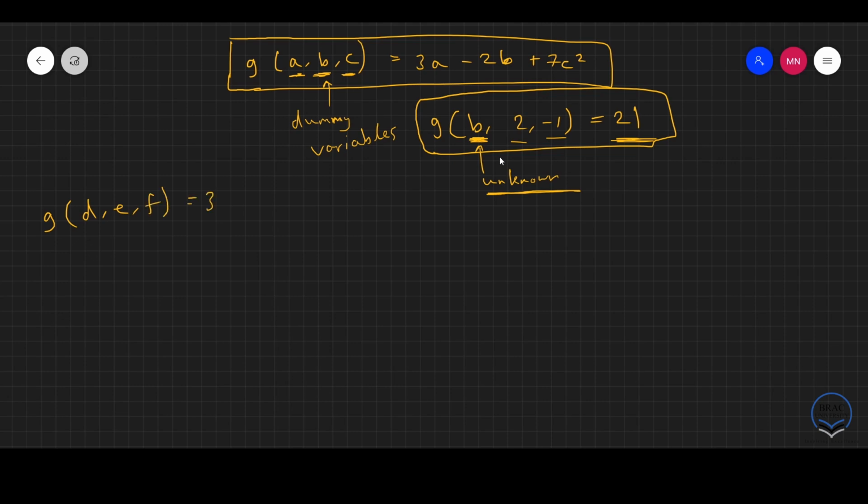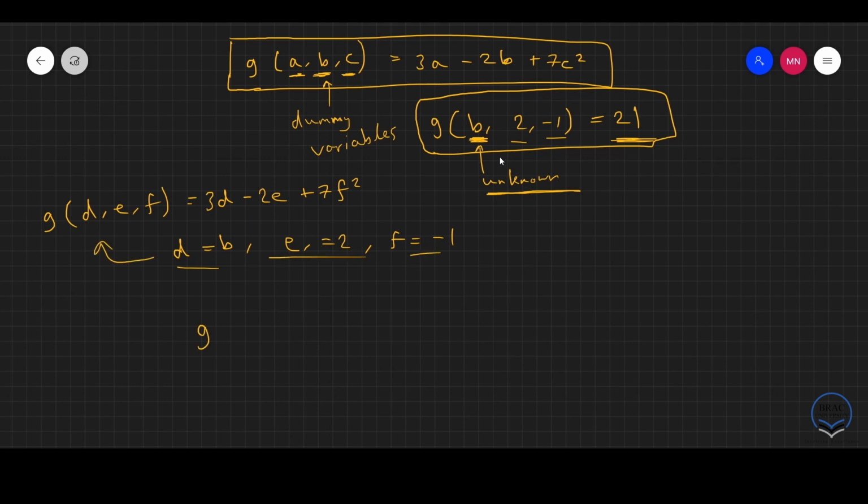This will become 3d minus 2e plus 7f squared. So in this case, d is equal to b, e is equal to 2, and f is equal to minus 1. And now we can just substitute these values into our function g.